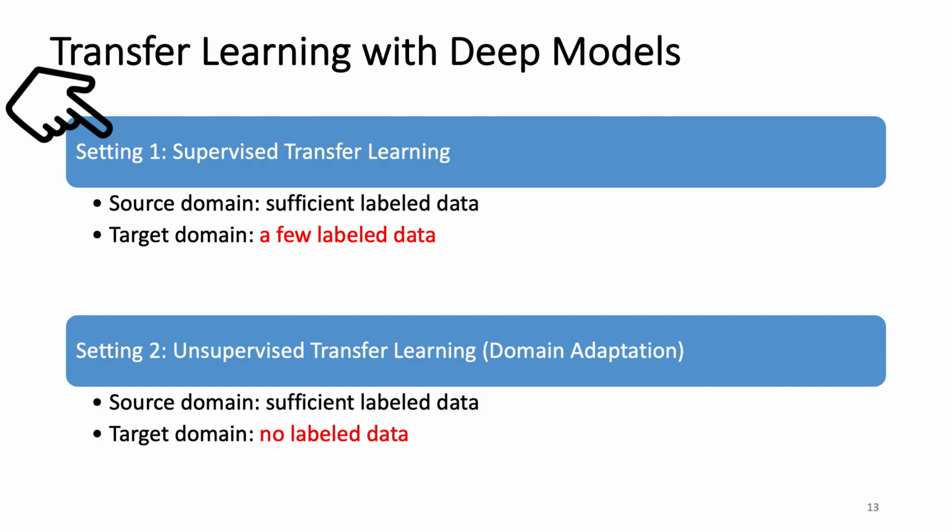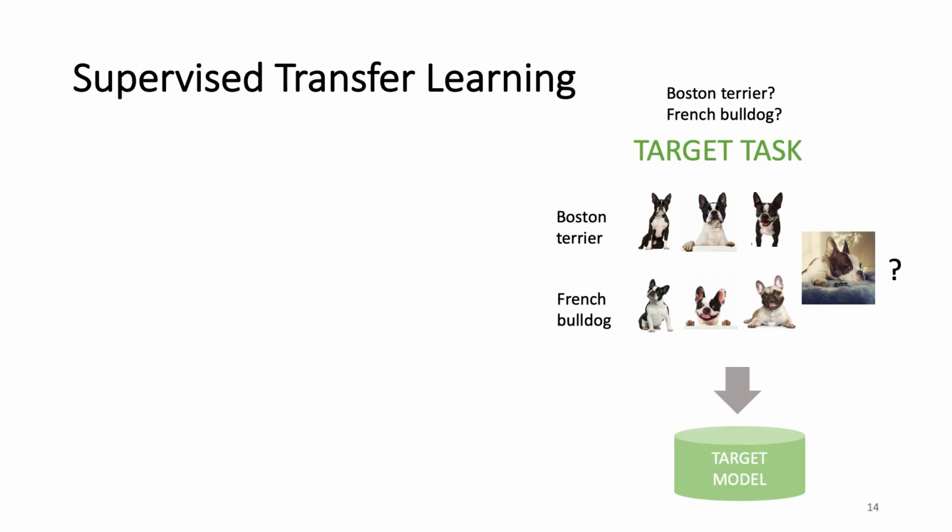So in supervised transfer learning, let's say we have the same task, and this task is to classify whether this image is a Boston Terrier dog or a French Bulldog. Since we only have 6 labeled images, that's definitely not enough for us to learn a reliable model to differentiate these 2 kinds of dog.